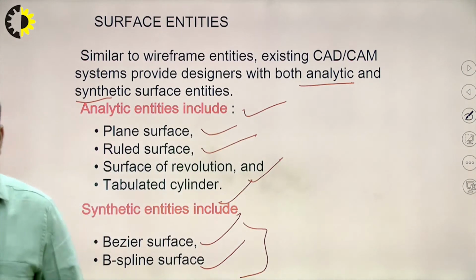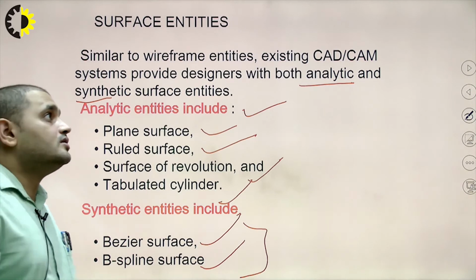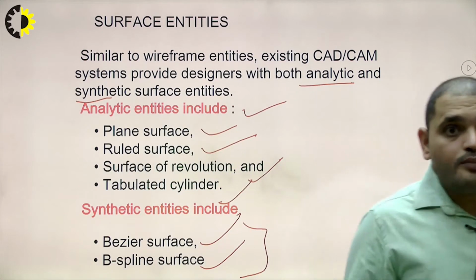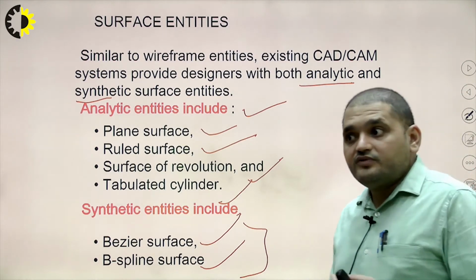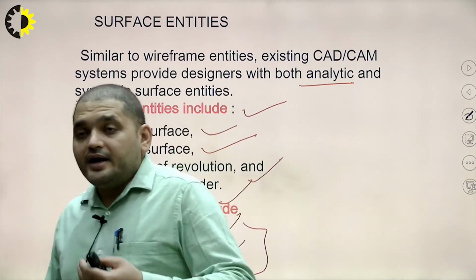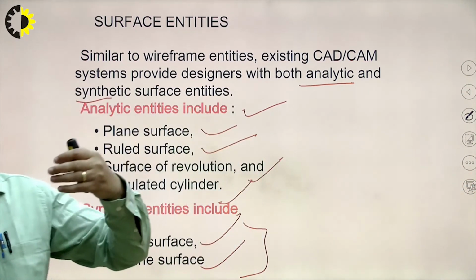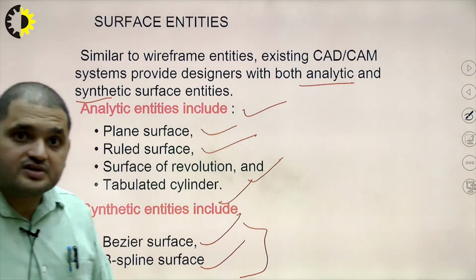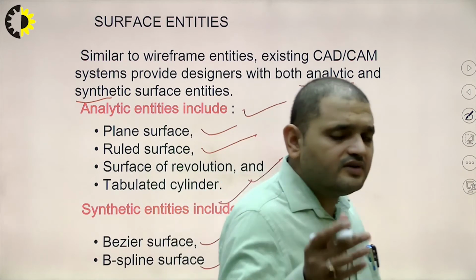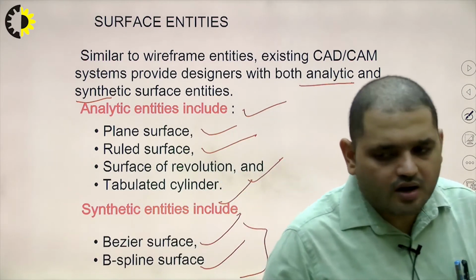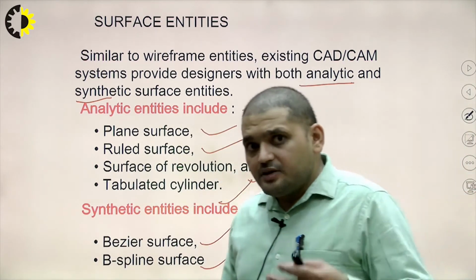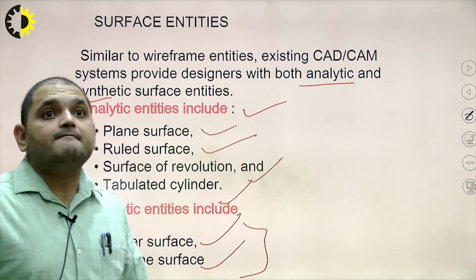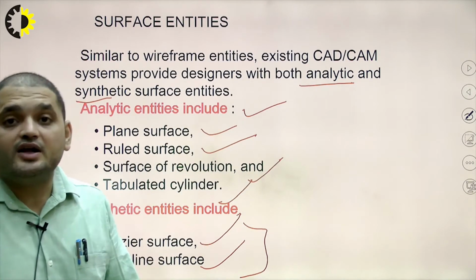These synthetic curves are made using polynomial equations. With the help of those polynomial equations and differentiating them, we get these curves, that is Bezier curve, B-spline curve, or Hermite curve, and we call them synthetic curves. With the help of those curves we make the surfaces, and these surfaces define the profile of any object.